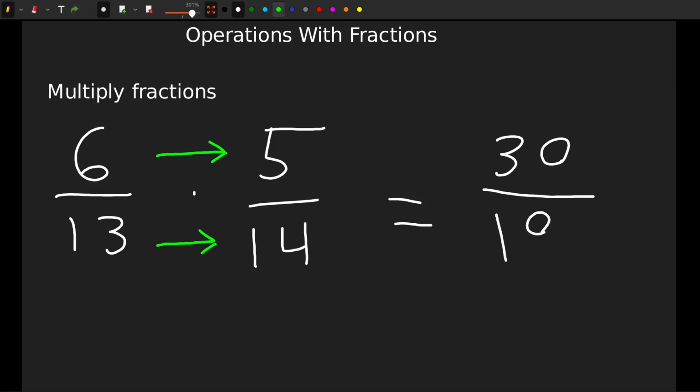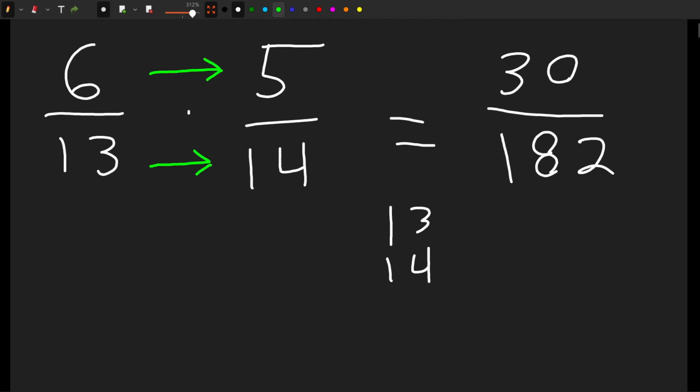I believe 13 times 14 is 182, but let's double check. So if I have 13 times 14, and I'm going to be multiplying these two. 4 times 3 is 12, carry the 1. 4 times 1 is 4, plus 1 is 5, so 52, add the 0. I have 130. Yes, it is 182.